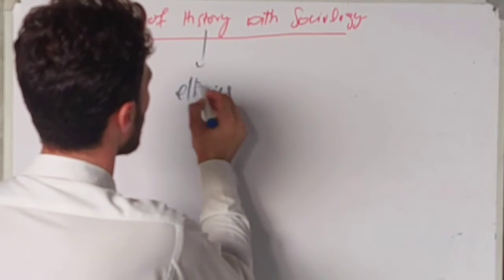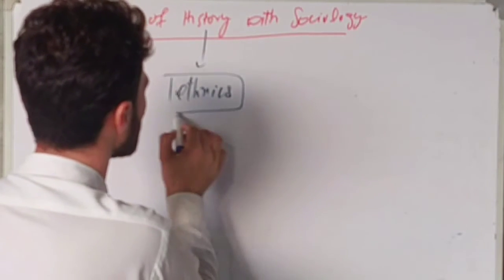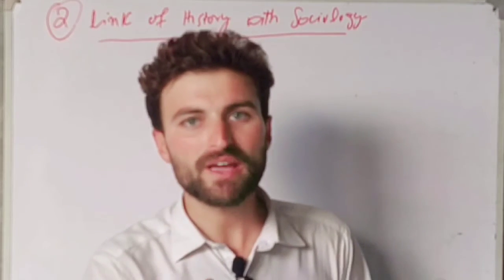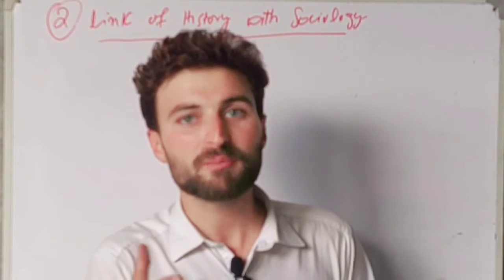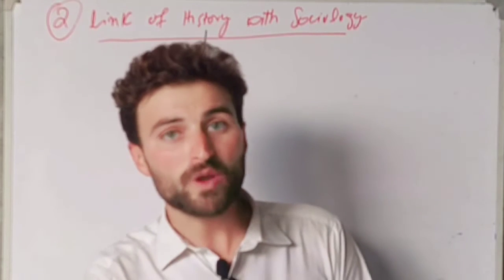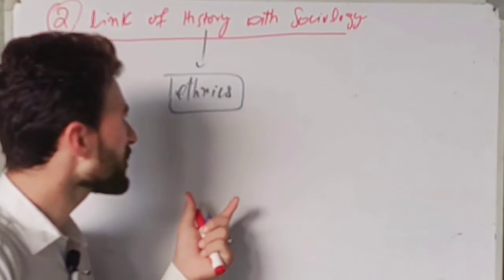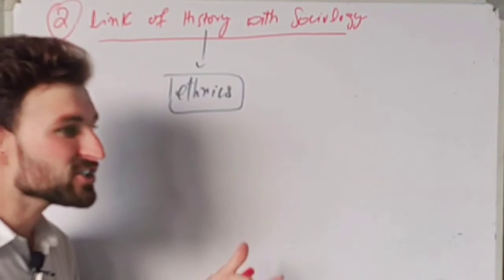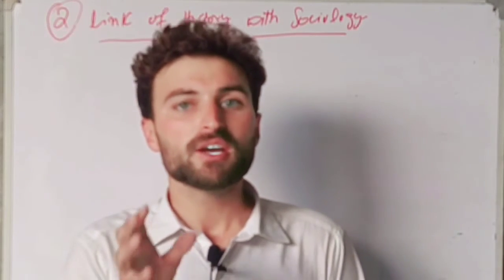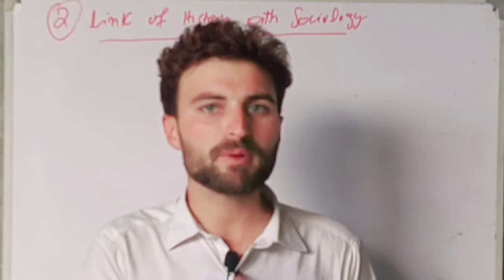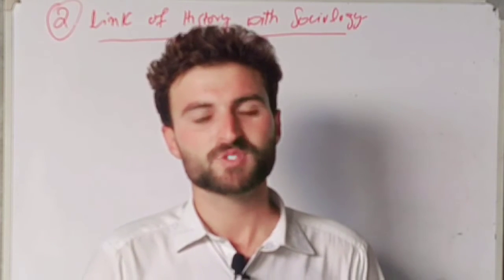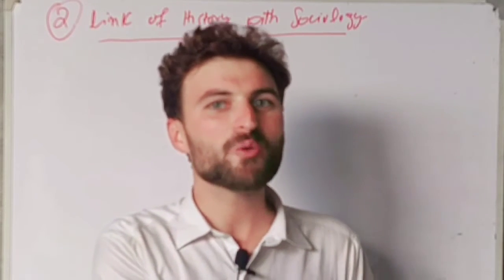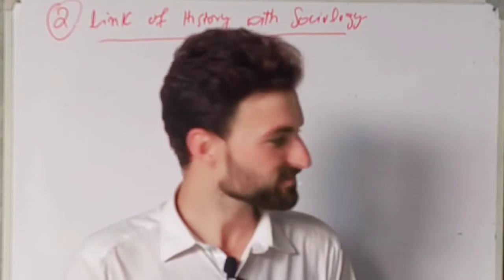In history we try to focus upon how ethnics migrate and where these ethnics migrate to. So the migration of these ethnics or different tribes really has a big impact on that society. So this is the simplest way we can describe the link of history with sociology.